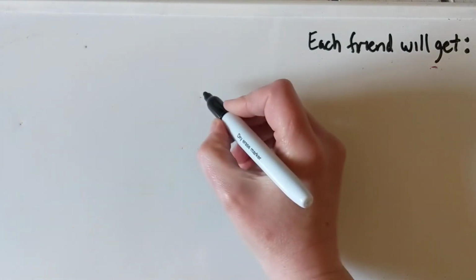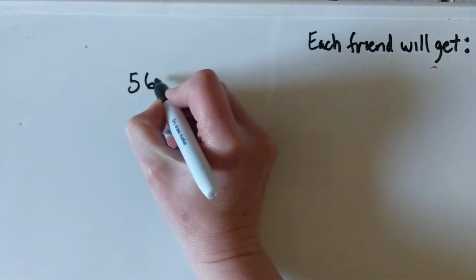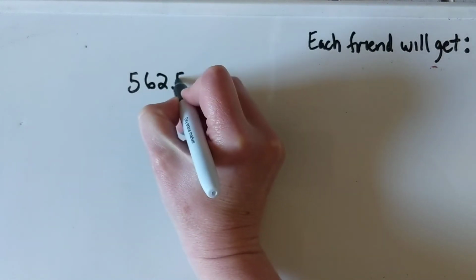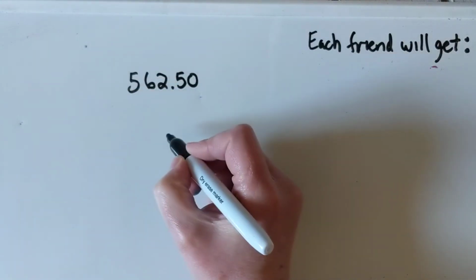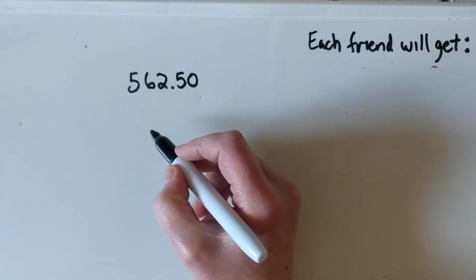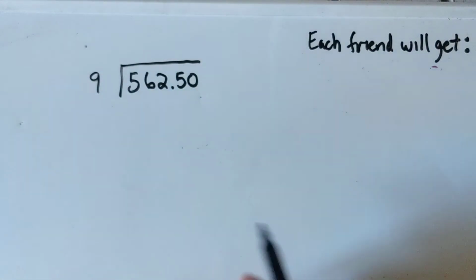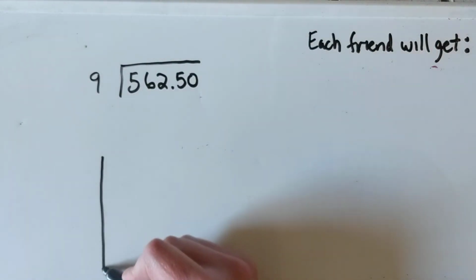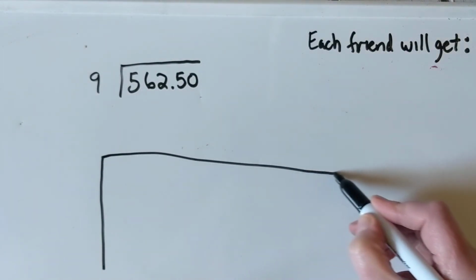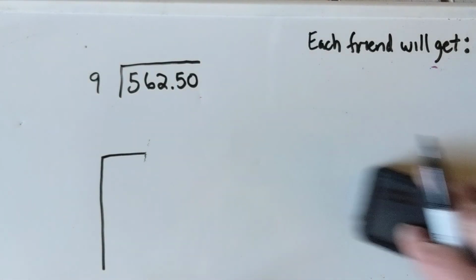All right, so in this case, I was given $562 from my lottery ticket, and 9 of my friends bought the lottery ticket with me. So I'm going to have to share it with 9 of my friends. Okay, so go ahead and draw your division. Ooh, that was very crooked.